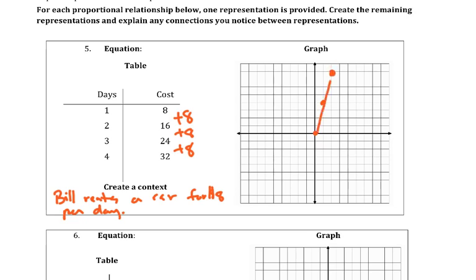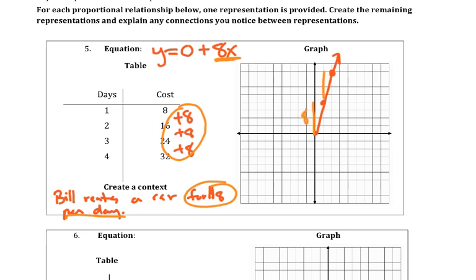My graph would look something like that. For my equation, y equals 8x, we start at 0, we're adding 8 every time. What I should notice is that 8x, we see it right here, and I see it as it goes up 8 each time it goes over 1.